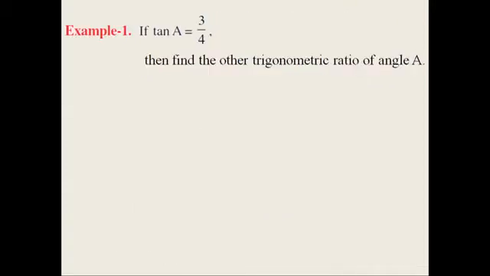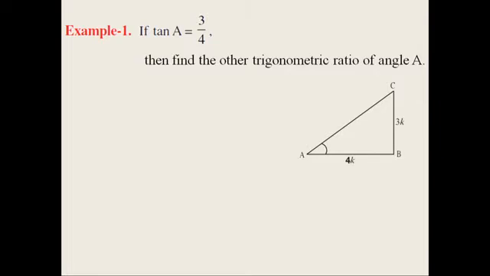Now let us take some examples. If tan A is equal to 3 by 4, then find the other trigonometric ratios of angle A. For this we need a right angle triangle. Here tan A is equal to 3 by 4, given. Let the numerator be 3k and the denominator be 4k. That means the opposite side is 3k.